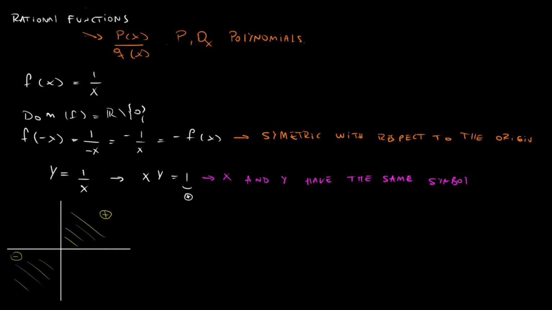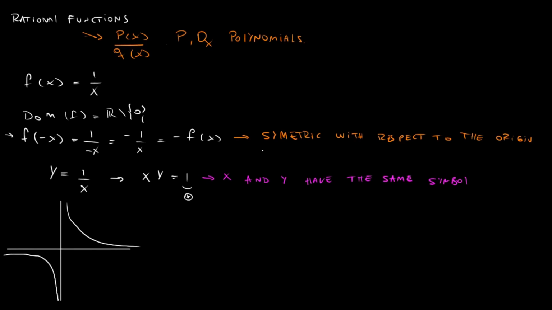This function is very simple to plot when we make a value table. I'm going to leave that as an exercise, and I'm going to just make the drawing. The function looks like this. And as it is symmetric with respect to the origin, then in the negative section it would look the exact same thing.